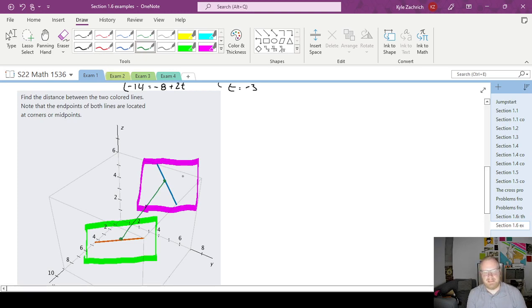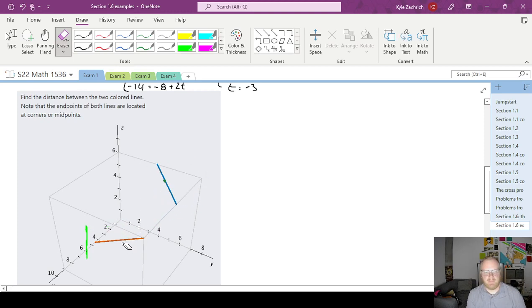So I'm going to erase this for now, but I may bring it back in just a second. But I do want to figure out these vectors first. So let's start with this orange line.